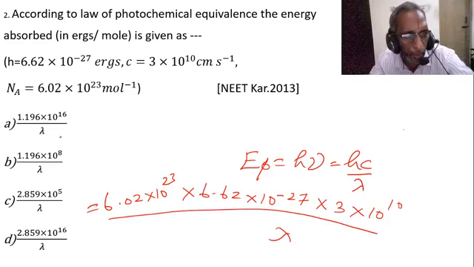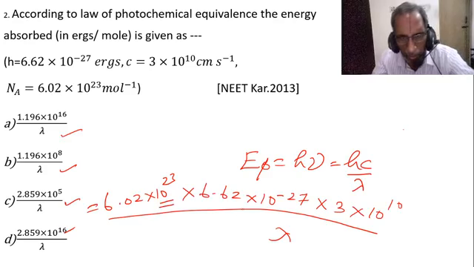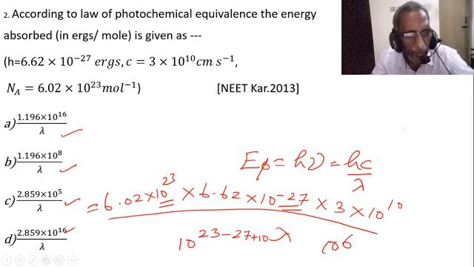So all the choices contain divided by lambda, correct. But you have to work out the numerator. 10 power 23 minus 27 plus 10 gives 10 power minus 4, plus 10 power minus 4 plus 10 gives 10 power 6.